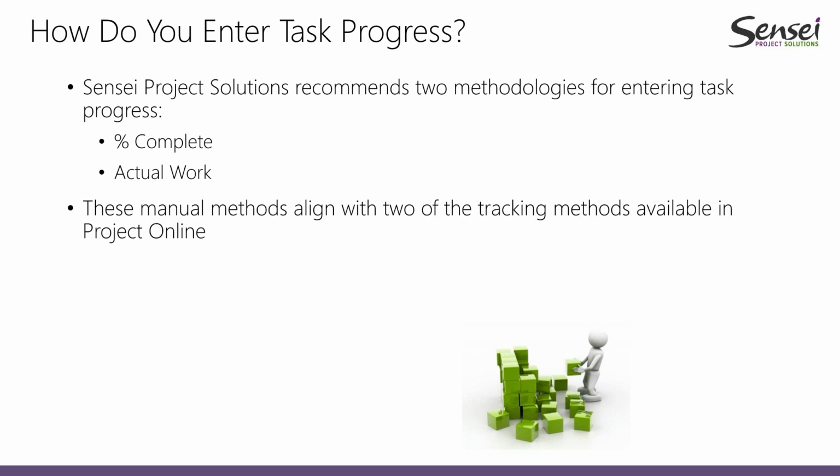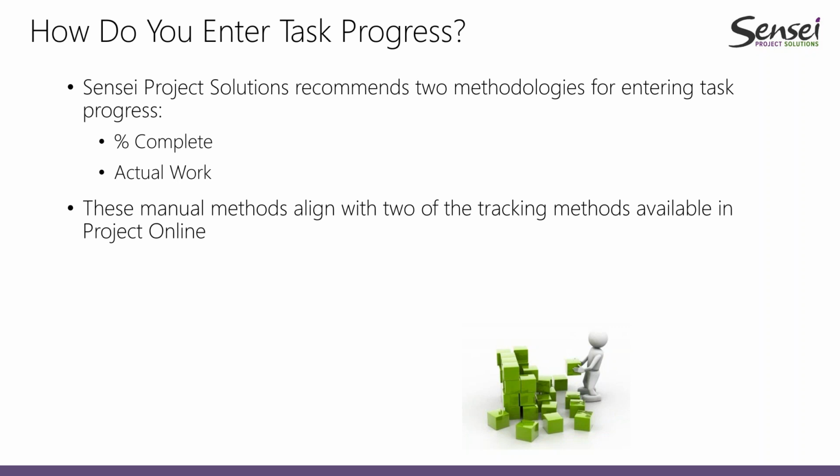These manual methods align with two of the tracking methods available in Project Online and also in Project Server. So if your company is using Project Online or Project Server, those two options align with what we have in Project Server as well as in Project Online.